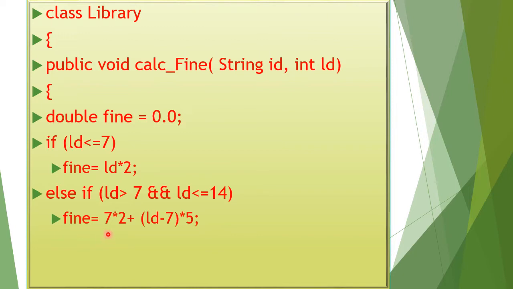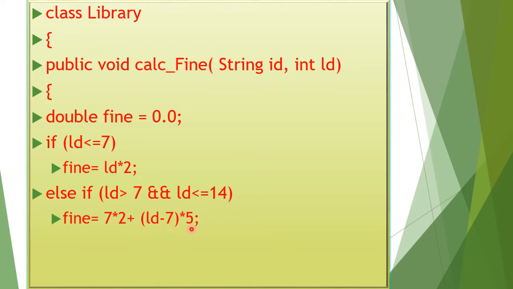Fine equals 7 star 2 for the first 7 days rupees 2 per day. So 7 star 2 plus LD minus 7. LD minus 7 means the number of days exceeding the first 7 days. For example, if the number of late days is 10, LD minus 7 means 10 minus 7, 3.